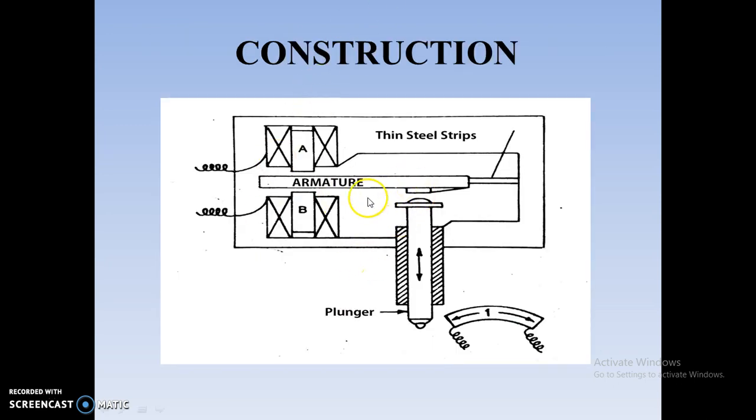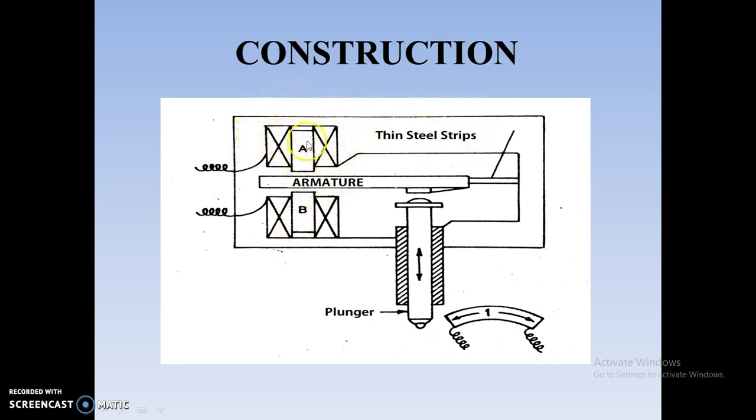Now in this diagram, we can see the movement of the plunger more clearly. This is the plunger. One end of this plunger is connected to coil B, and the other end is connected to coil A. The armature is exactly placed midway between the two coils A and B, and this armature is connected through thin steel strips.